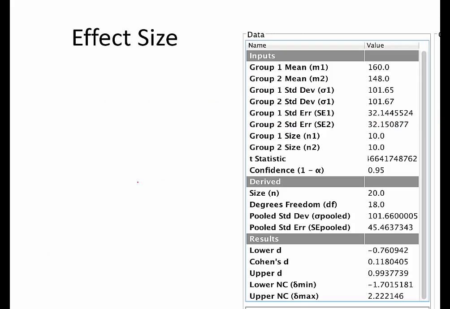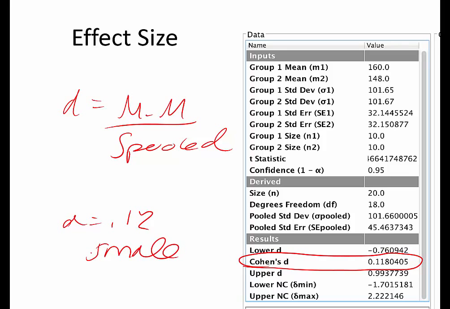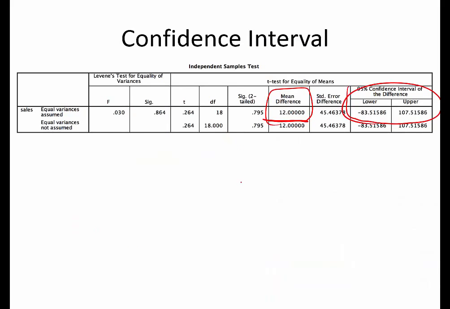And then the last thing is effect size. So remember that D is mean minus mean over S pooled. That's why we spend so much time getting that number. So it's here. And D is equal to 0.12, which is really small. So I would say that not only is there not a significant difference between the two, and if you look at this confidence interval, it clearly crosses 0.